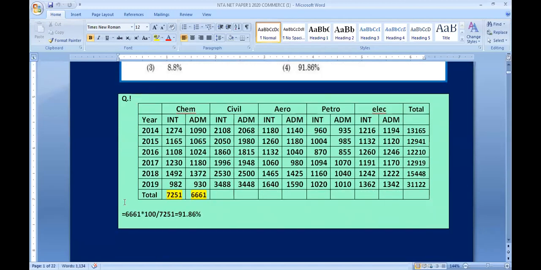So total number admitted, 661, divided by total number of people interviewed, multiplied by 100. Or you can take it as 661 into 100 whole divided by 7251, equal to 91.86%.